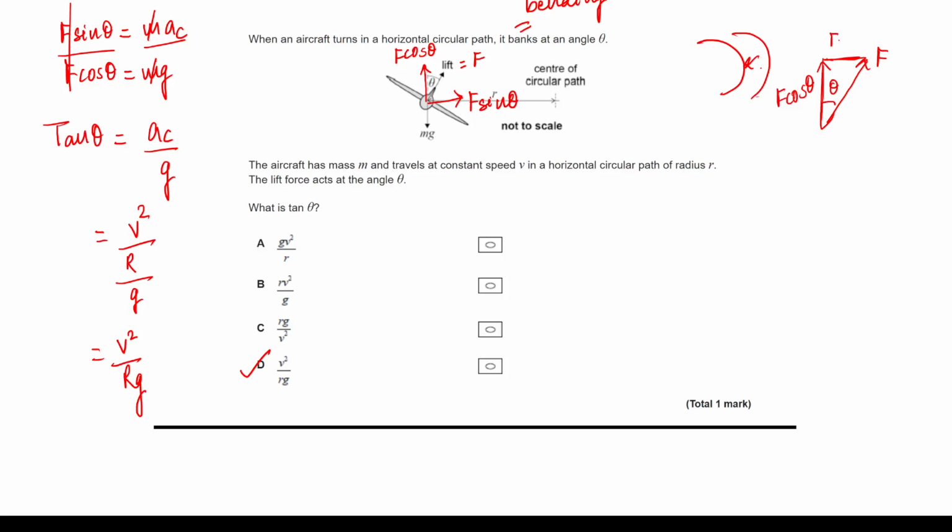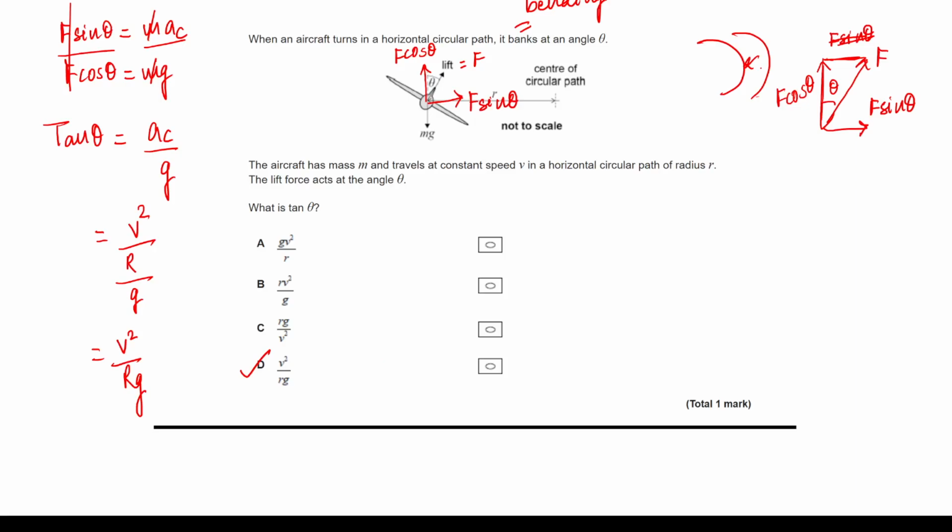Because this is F sine, so this will also be F sine theta. Okay, if you are not very sure of this method, then you should be going back to the forces and getting this done. You should be able to break the forces into their components using trigonometry.